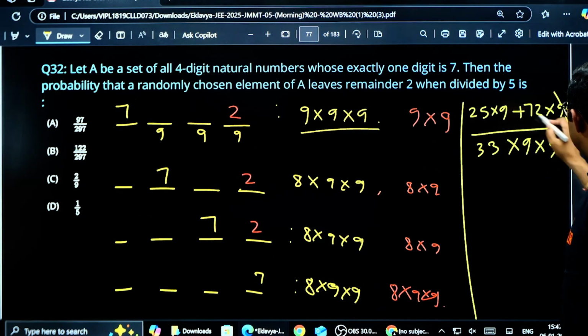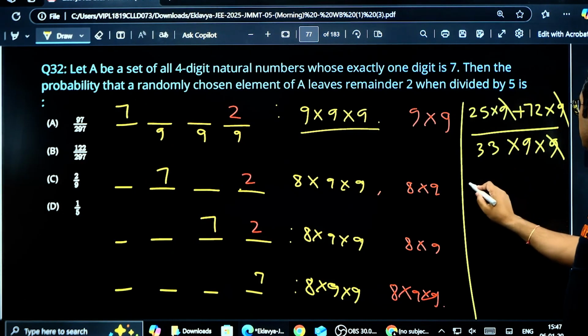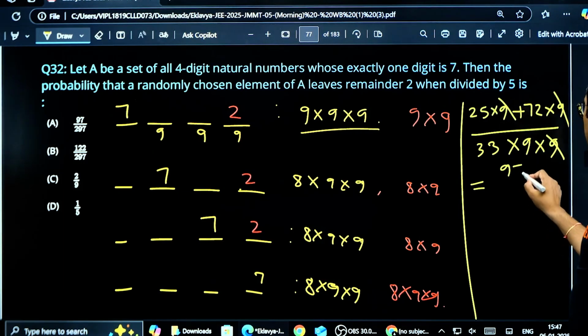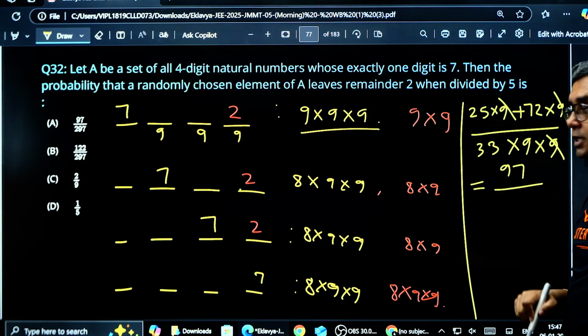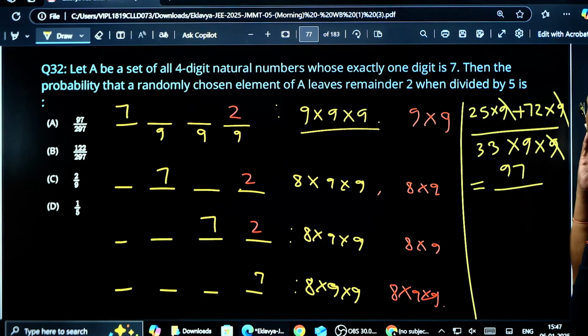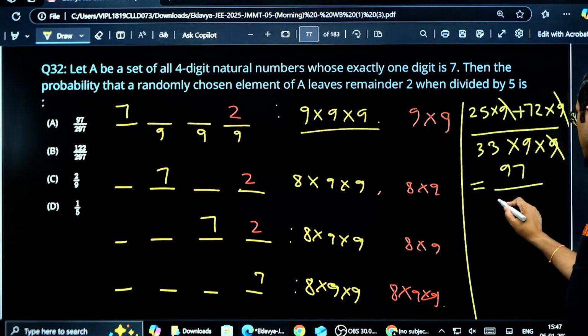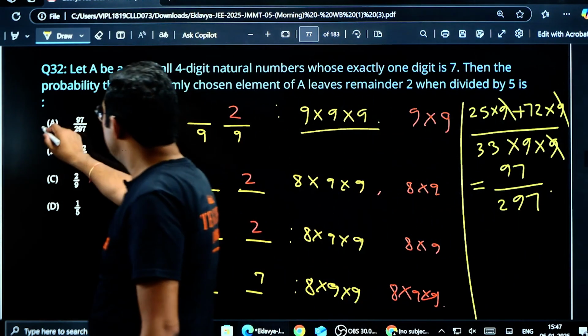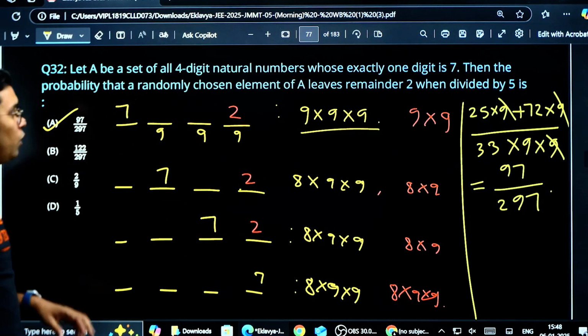So I think we can cancel this 9 with this 9 here. So this is 25 plus 72, that is 97 upon 9 into 33. So it will be 99 into 3. 99 into 3 is 297. So 97 upon 297 should be the answer of this question, that is A option.